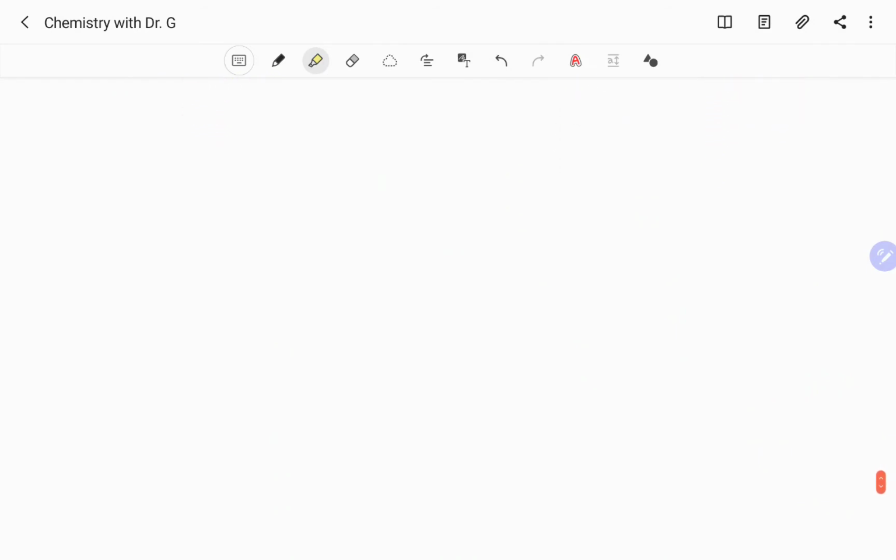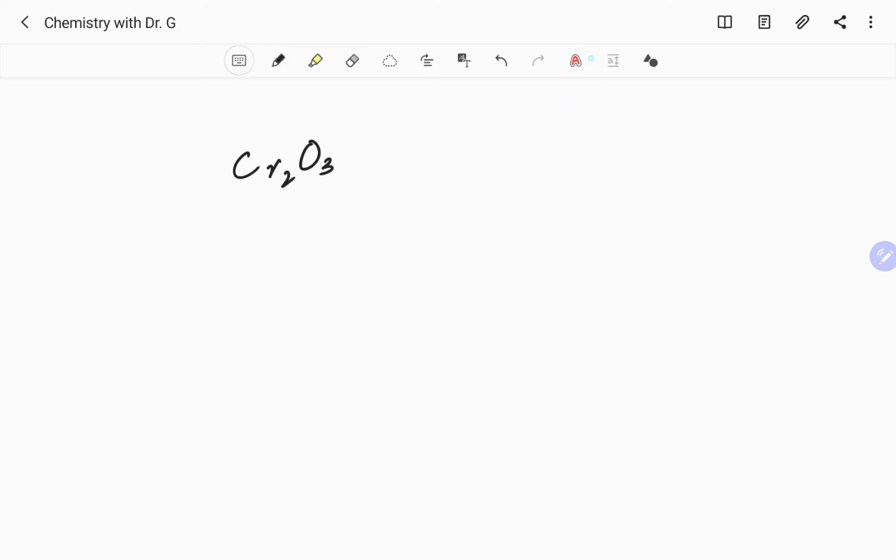Here's another example. Let's use something else. Let's do chromium oxide, Cr2O3. Okay, so what is the charge of chromium? And here's the key, guys.